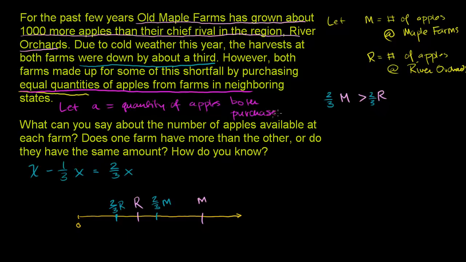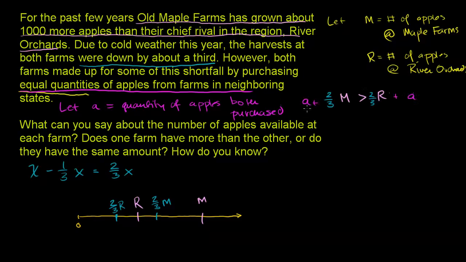They're telling us that they both purchased the same amount. So we could add A to both sides of this inequality. It will not change the inequality. As long as you add or subtract the same value to both sides, it will not change the inequality. So if you add A to both sides, you have A plus 2/3 M is greater than 2/3 R plus A.